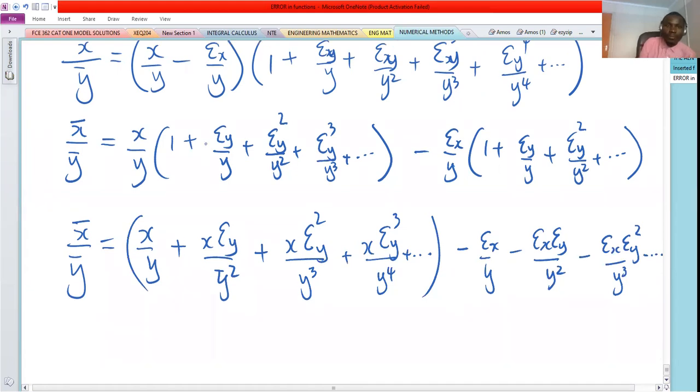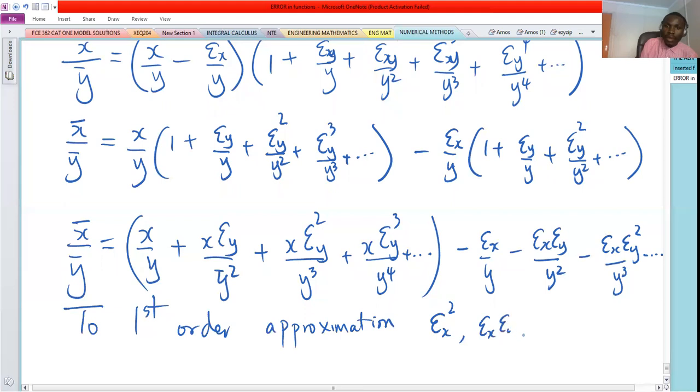So to first order approximation, all the higher order terms in x times y, error in x, error in y squared, error in x times error in y to the power 3, etc., approach 0.